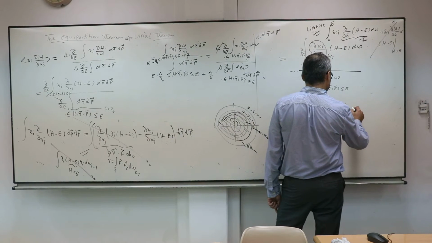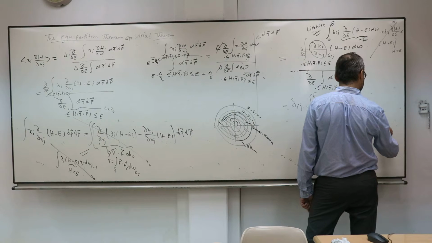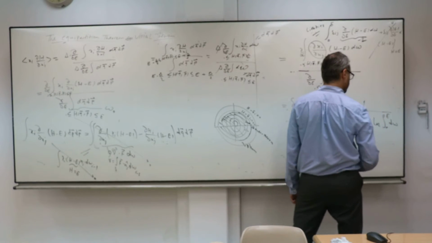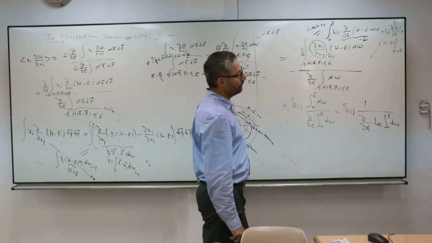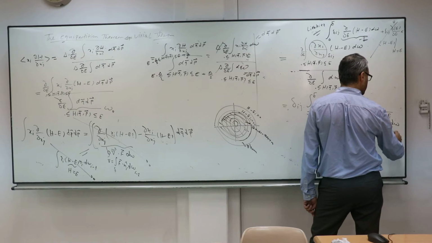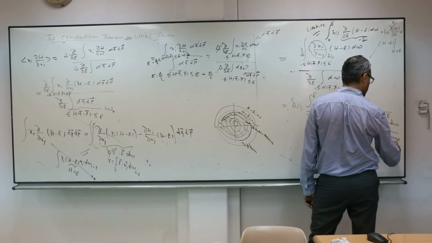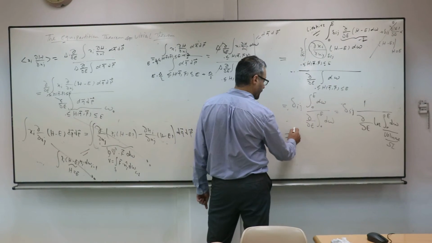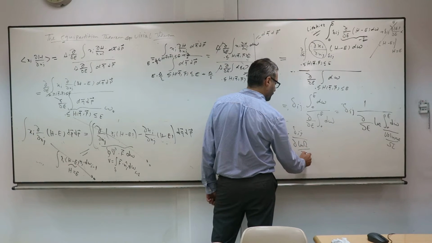That will be delta ij, 1 over partial E logarithm of the integral. And this is the total volume. What is the total volume? It is omega. Delta ij partial ln omega over partial ln E.